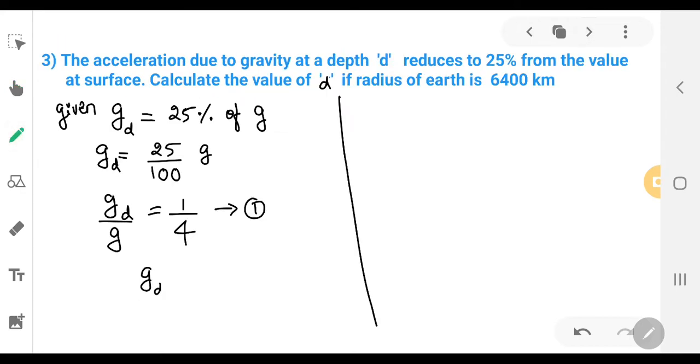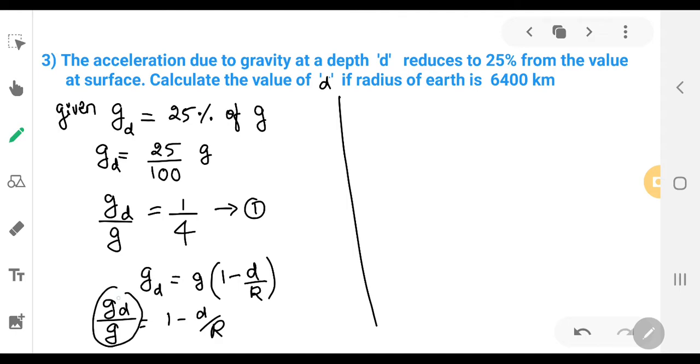If we take g to the other side and substitute the value, gd divided by g is equal to 1 minus d by r. But from equation 1 we get the gd by g value as 1 by 4. So 1 by 4 is equal to 1 minus d by r.